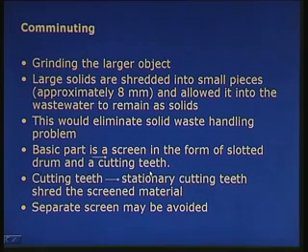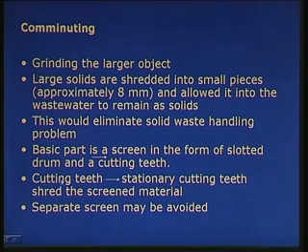A basic part of the comminutor is a slotted drum and a cutting tooth. The cutting tooth, a stationary cutting tool, shreds the large solids into small particles. The material is screened and then shredded by the stationary cutting tool.